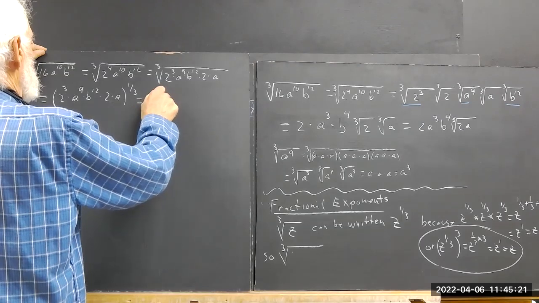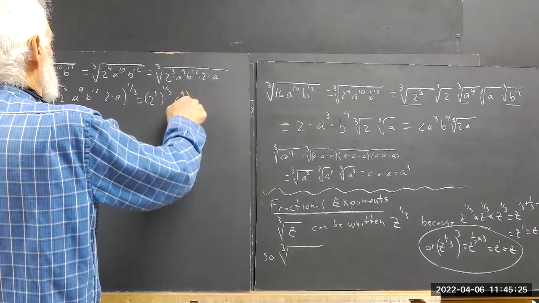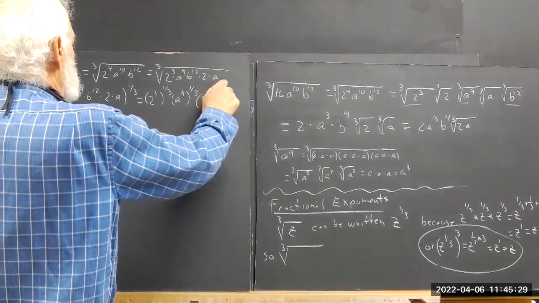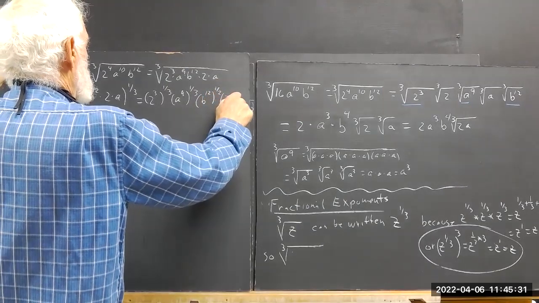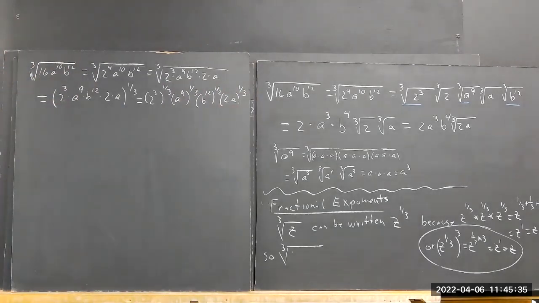Which is 2 cubed to the 1/3 times a to the 9th to the 1/3 times b to the 12th to the 1/3 times 2a to the 1/3.